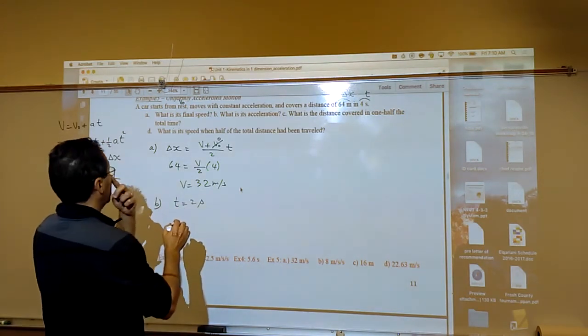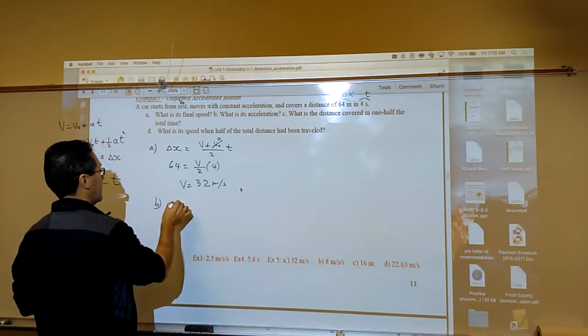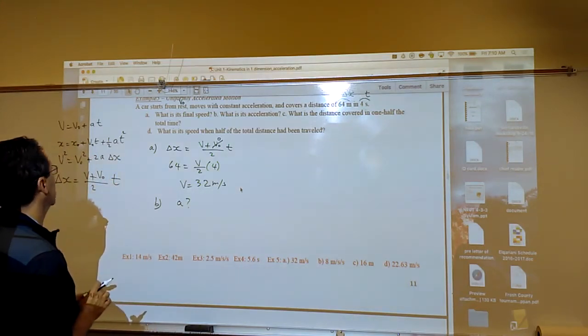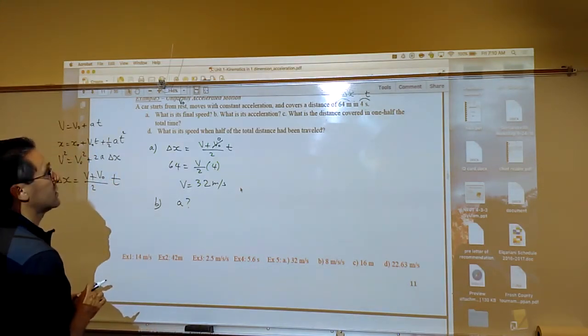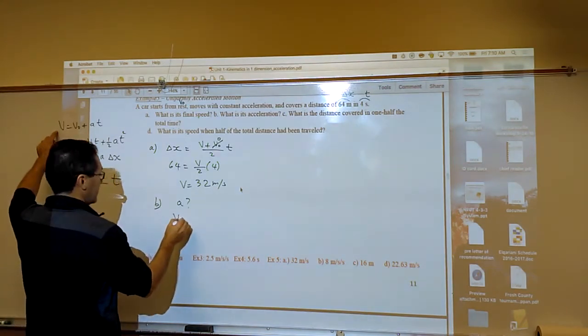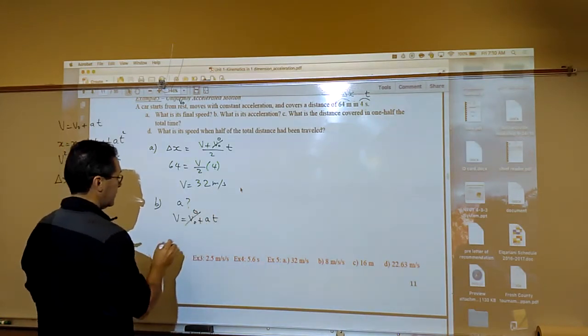What else do I have? Oh, I'm supposed to do the acceleration first, sorry. Which equation is going to do the acceleration? It looks like I have choices here. I can probably just use the simple one, which is the first one. The initial velocity is 0.